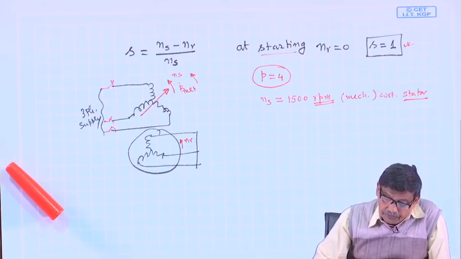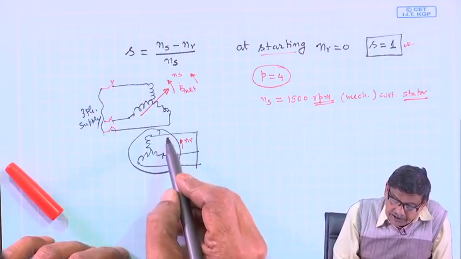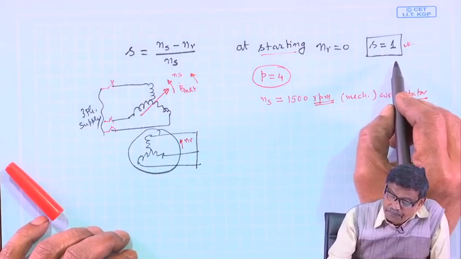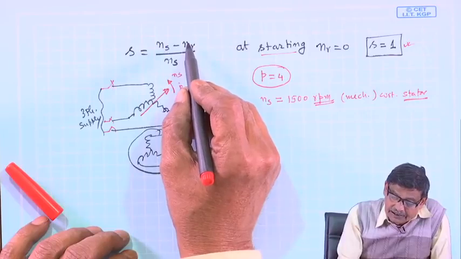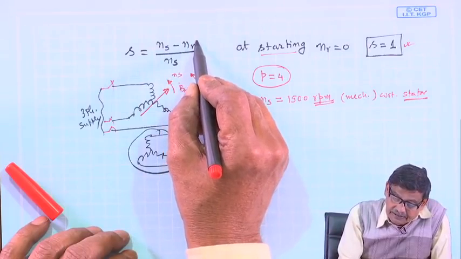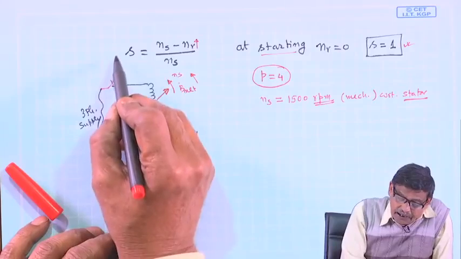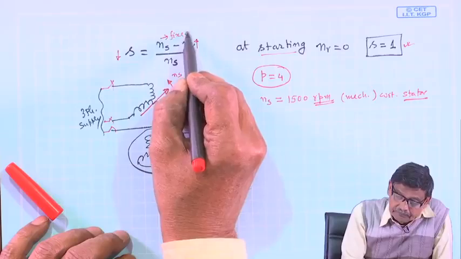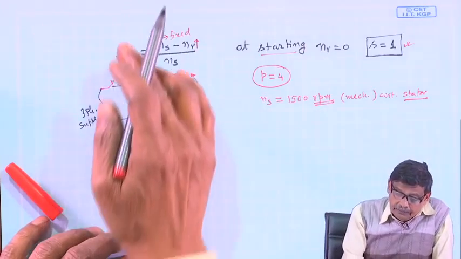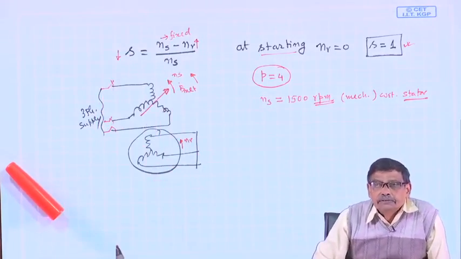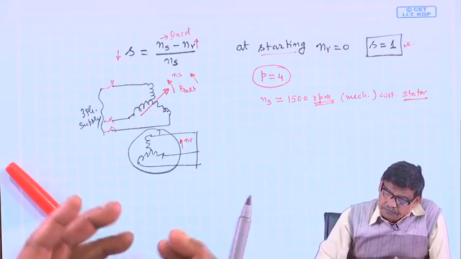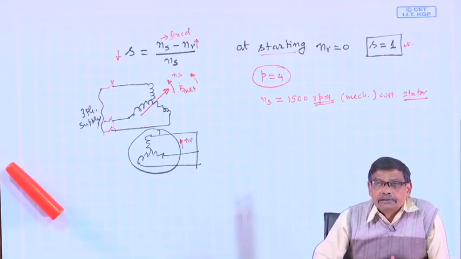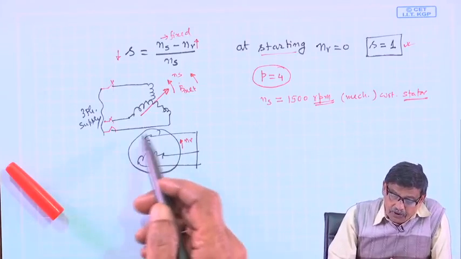Then rotor starts also moving in that direction, and as it moves, the value of slip, which is (Ns minus Nr), Nr is increasing and slip value will decrease, because Ns is fixed. Therefore, slip value will decrease. It was 1, it will become 0.9, 0.8 like that, and it will go on accelerating.